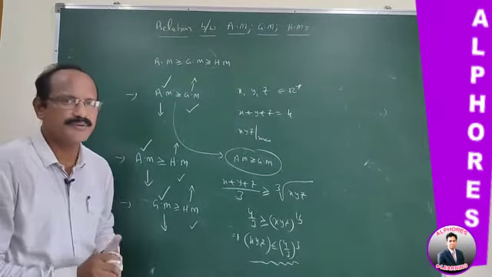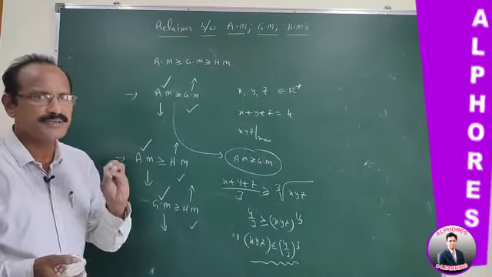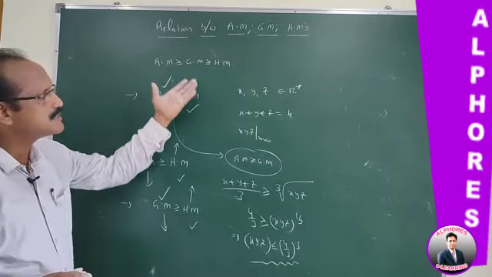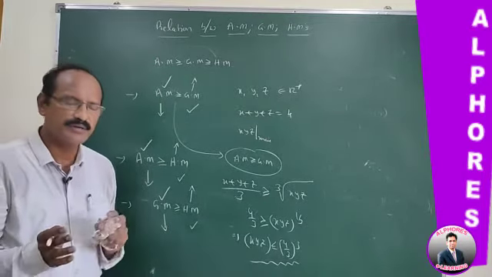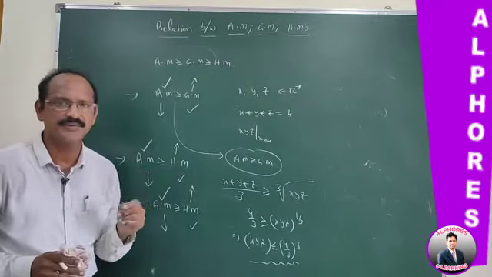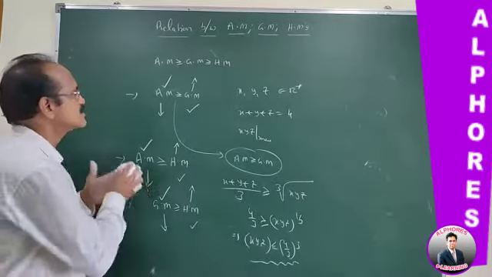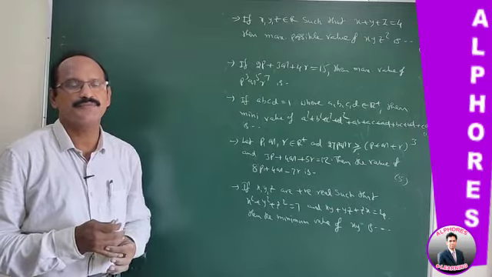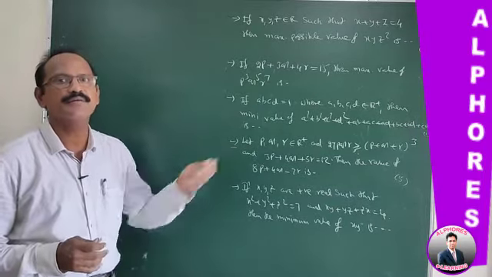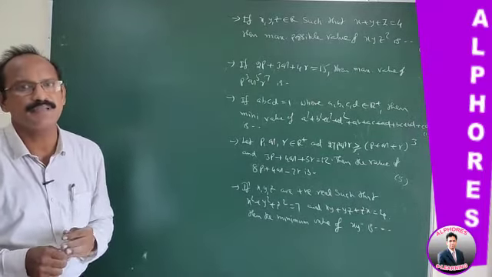Now coming to the next point, we are going to discuss some models based on these inequalities, that is the relation between AM, GM and HM. Minimum and maximum values of problems based on arithmetic means and geometric means.